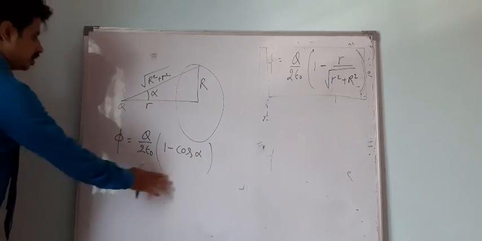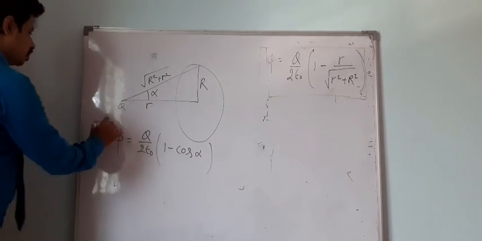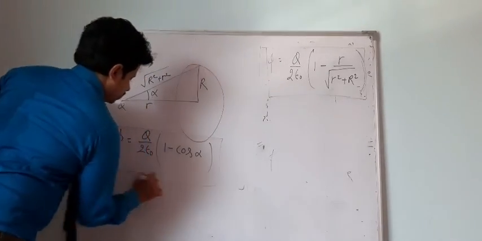So this is the result for the flux through a disk.